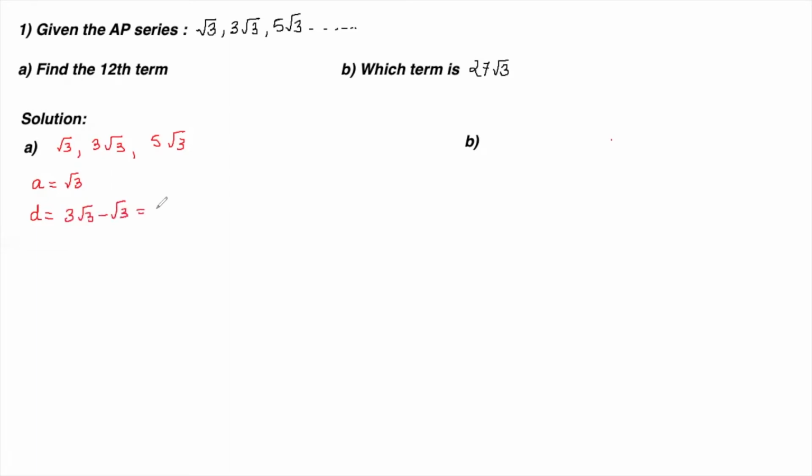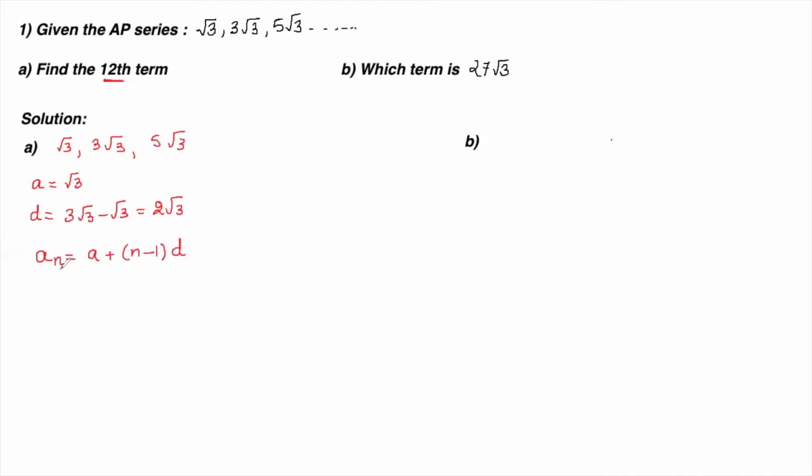So the difference is equal to 2 root 3. So we have the A value and the common difference value as well. What we need to do is find the 12th term. We know the formula for finding the nth term is equal to A plus n minus 1 into D.